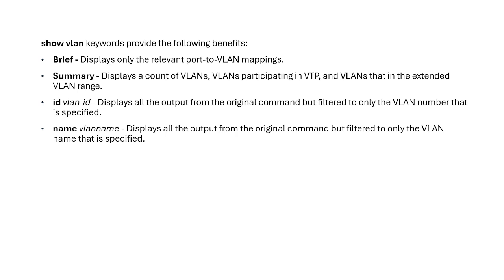Then you have the option show vlan id, where you mention the VLAN ID, and it displays the output of the original command but filtered. Basically, instead of show vlan, you give show vlan id, and it only displays that particular VLAN with the interfaces mapped to it. You can also use the VLAN name instead of the VLAN ID, and that shows the same information.